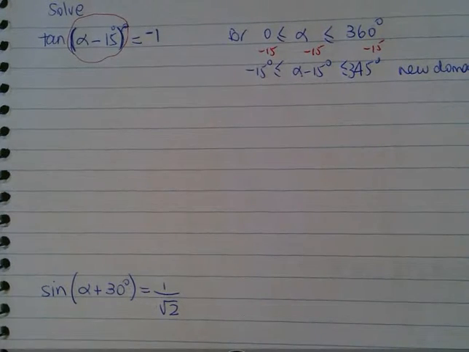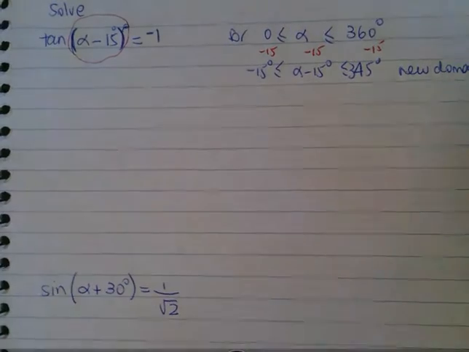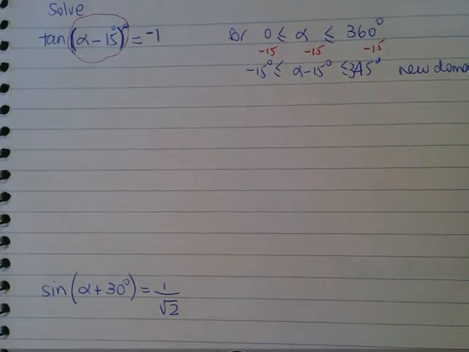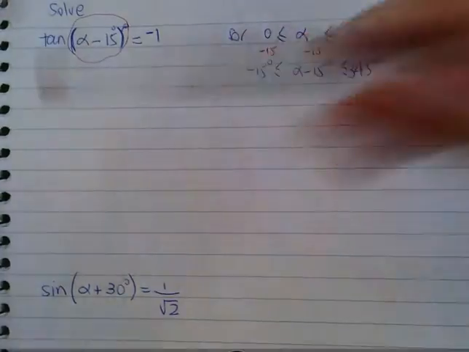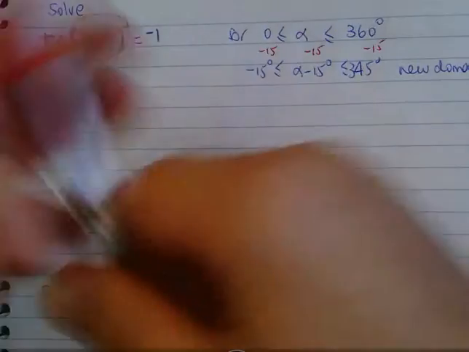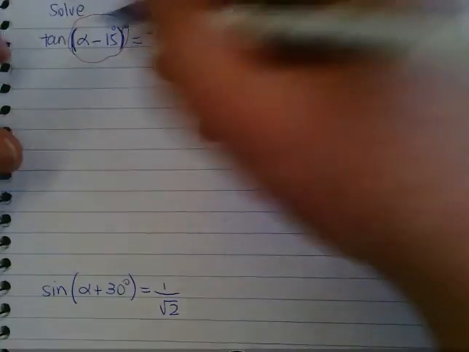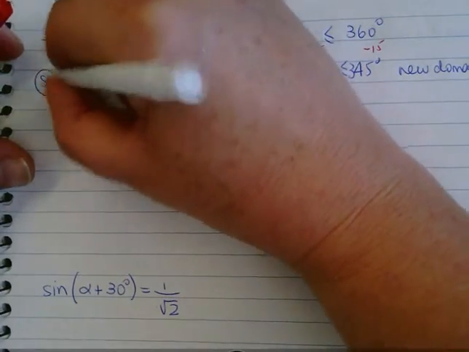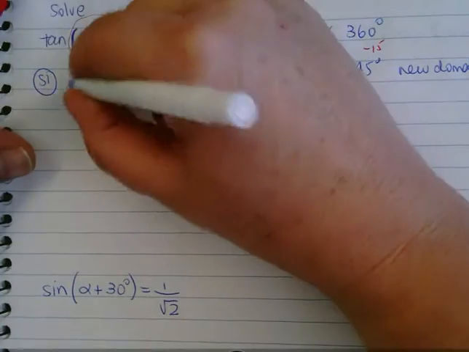Now, we're going to do it exactly the same way, but just pretend that alpha minus 15 is just one thing, just like it's tan theta. So how would you do it if this was just tan theta is negative 1? What's step 1 again? The quadrants.